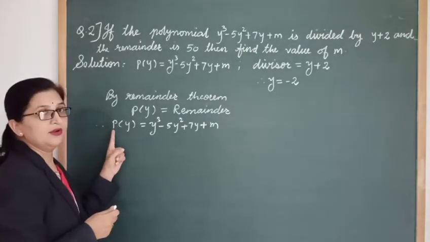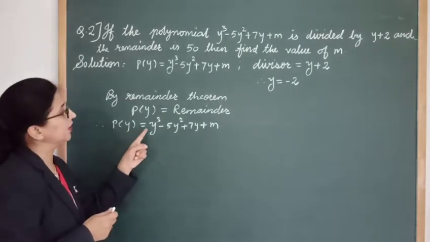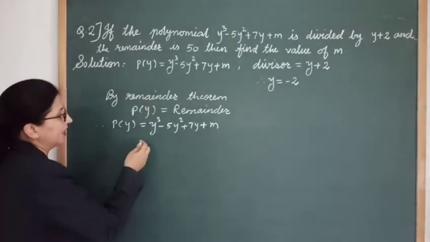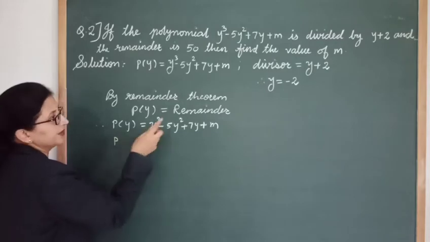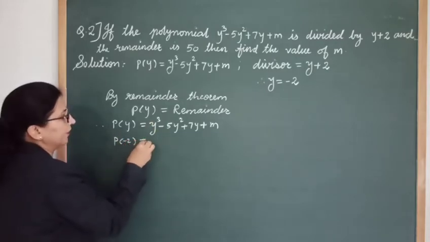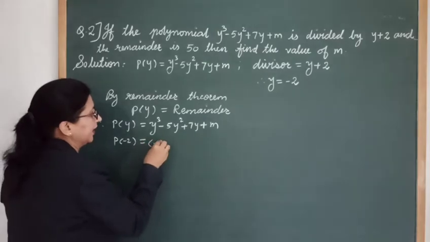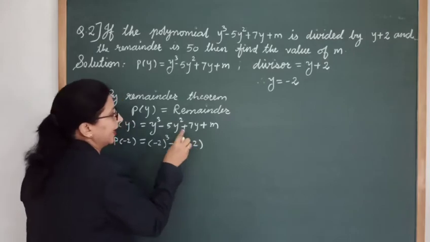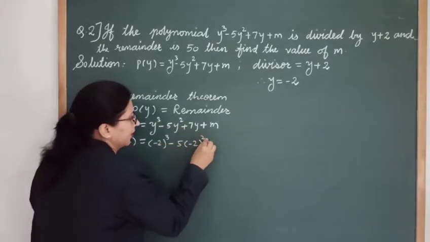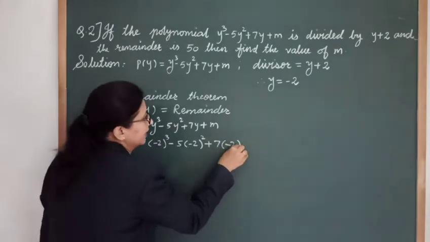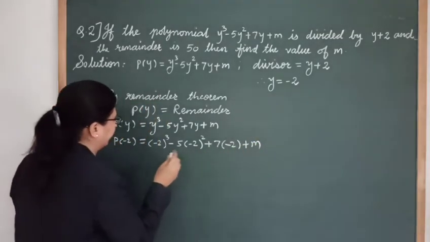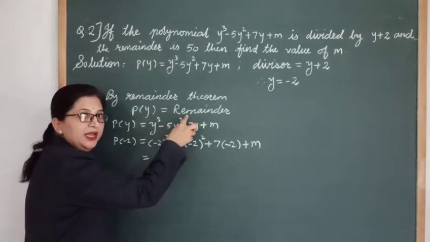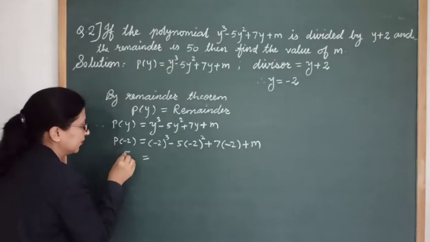So here the polynomial in y is equal to y cube minus 5y square plus 7y plus m. Let's put the value of y here, that is -2. So y cube, that is -2 cube, minus 5 into -2 square, plus 7 into -2, plus m. Now the value of this polynomial is equal to the remainder, and the remainder is given as 50. So let's put that value.